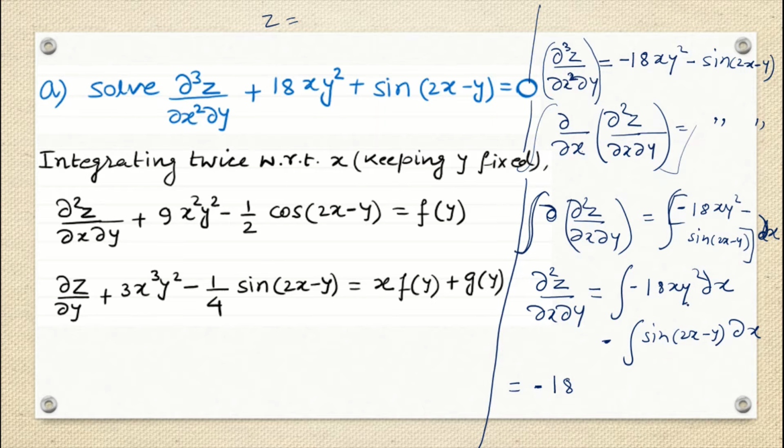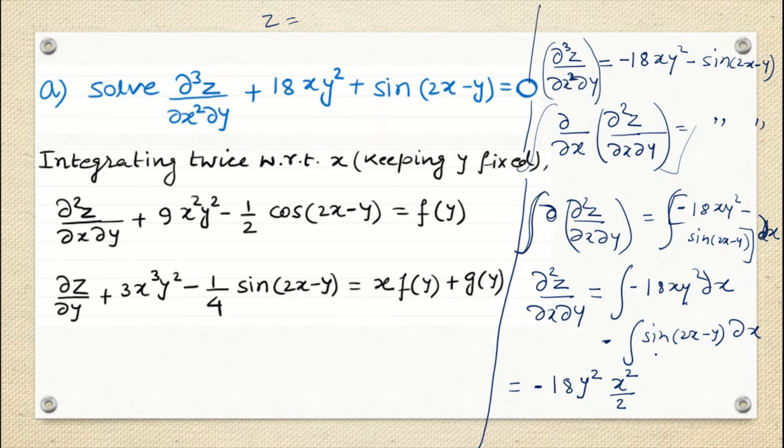The same rule which we used in the formation of PDE, we are following here. So y square is constant, and I'm writing y square outside. Inside is the integral of x del x, which gives you x square by 2.